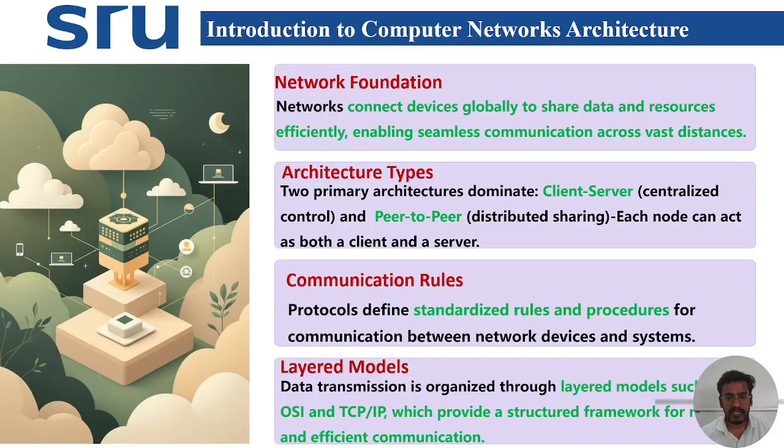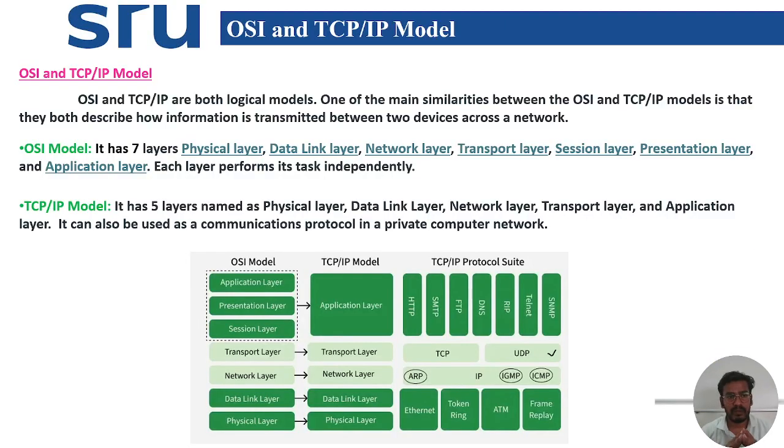Data transmission is organized through layered models such as the OSI model and TCP/IP, which provide a structural framework for reliable and efficient communication. OSI, open system interconnection, and TCP/IP, transmission control protocol and internet protocol, are both logical models.